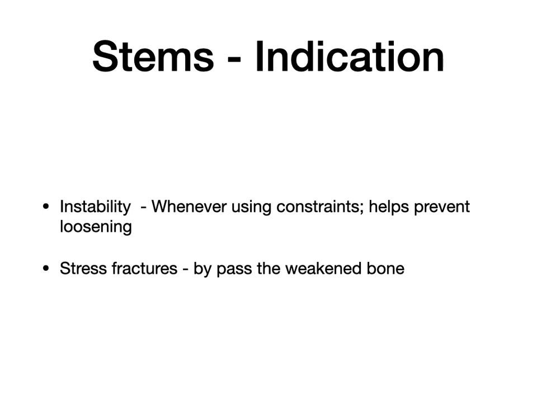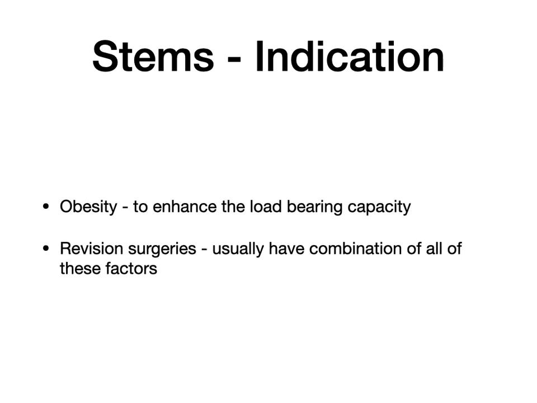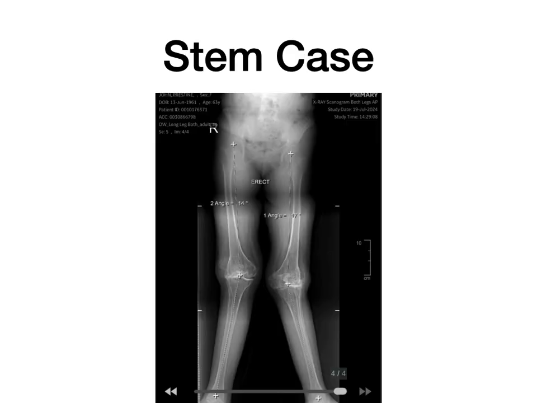There are relative indications for stem use. For any obese patient, it's a good tool to enhance the load bearing capacities. And revision surgeries usually have a combination of all of the factors that I mentioned, and that is why most revision surgeries will use stem. For example, in this particular case, this is a primary case of a severe RA.